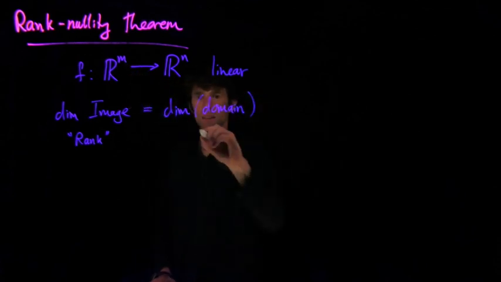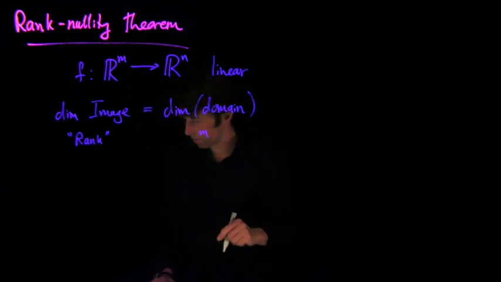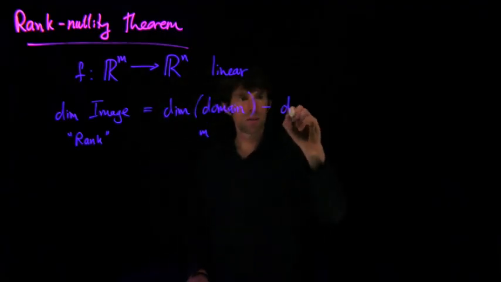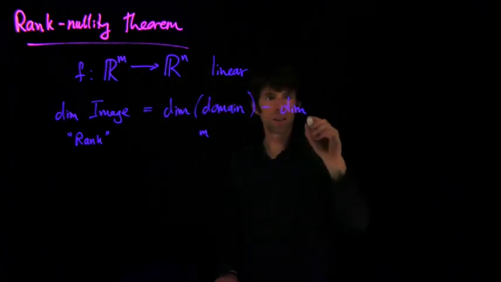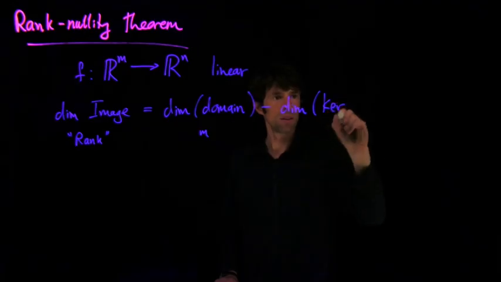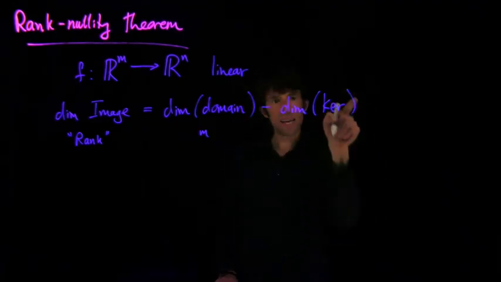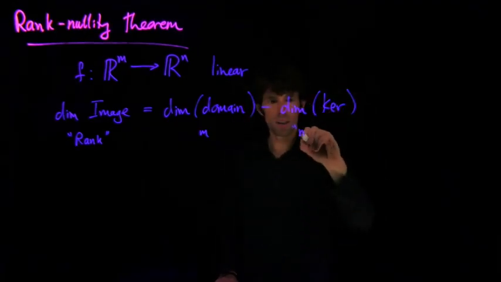In this case, that would be this m here, minus the dimension of the kernel. This has a name too. This is what's called the nullity.